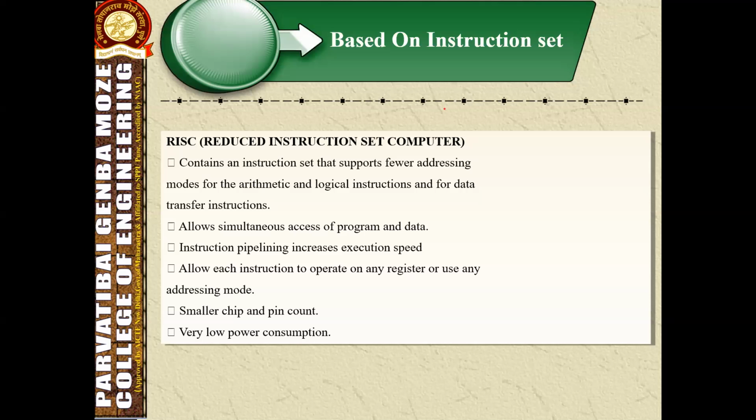RISC allows simultaneous access to the program and data, hence it is called pipelining, which increases the execution speed and allows each instruction to operate on any register using any addressing mode. RISC type architectures or microcontrollers have a smaller chip and pin count, and they are very low power consumption microcontrollers.